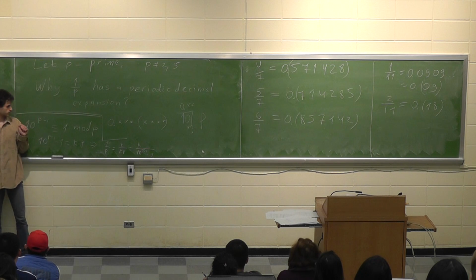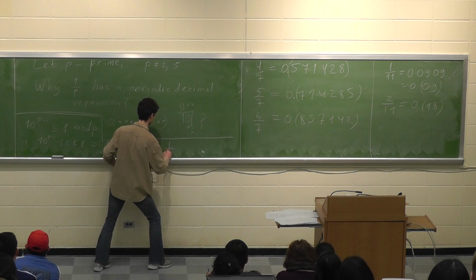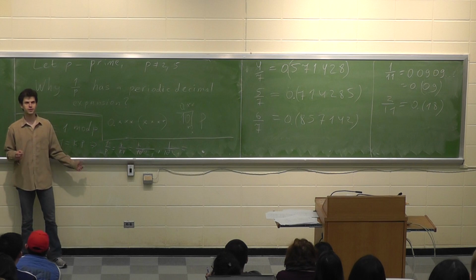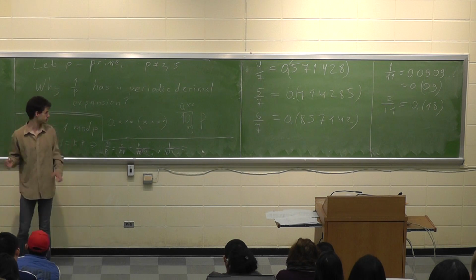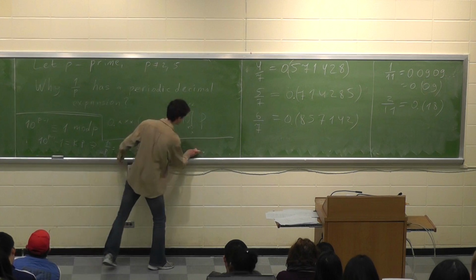And the next step is, let's try to actually compute what is 1 over 10 to the power p minus 1 minus 1, and show that for this number you will have periodicity. What is this number?